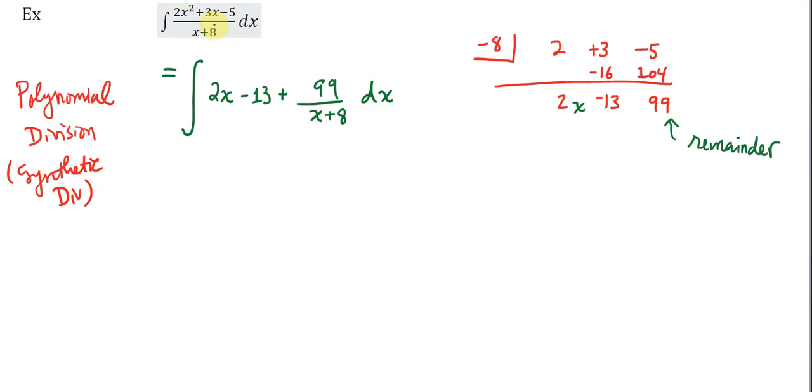The first expression, pretty messy to find the antiderivative. The second expression, significantly easier. So the antiderivative of this is going to be x squared minus 13x plus 99 times the natural log of the absolute value of x plus 8 plus a constant.